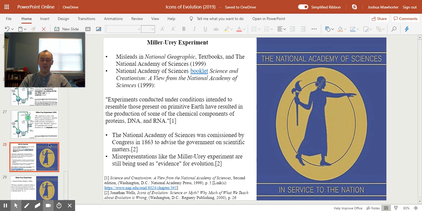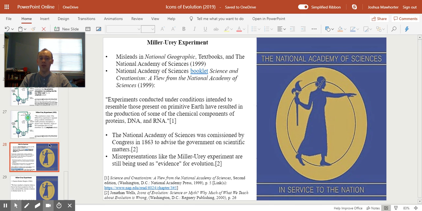The National Academy of Sciences booklet called Science and Creationism: A View from the National Academy of Sciences, from 1999, so about 20 years old, says that experiments conducted under conditions intended to resemble those present on primitive Earth have resulted in the production of some of the chemical components of DNA and RNA.